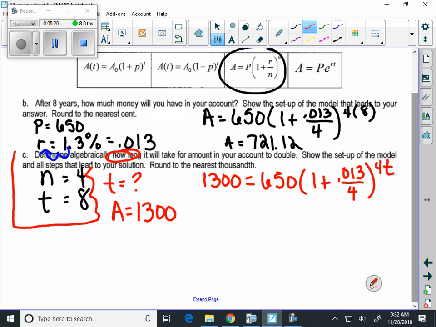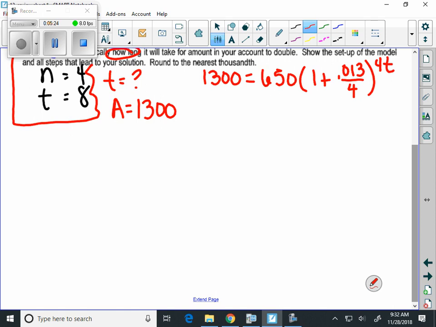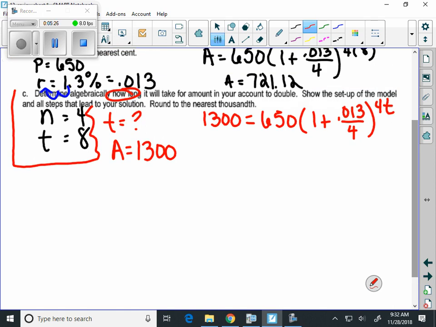How long? We need to find the time. And if you've been working on this packet, if you've been doing all your practice, isolation is a key to solving these correctly. And inside this problem is a check and balance. Because the first thing we're going to do is divide both sides by 650. And when we divide both sides by 650, we get 2.